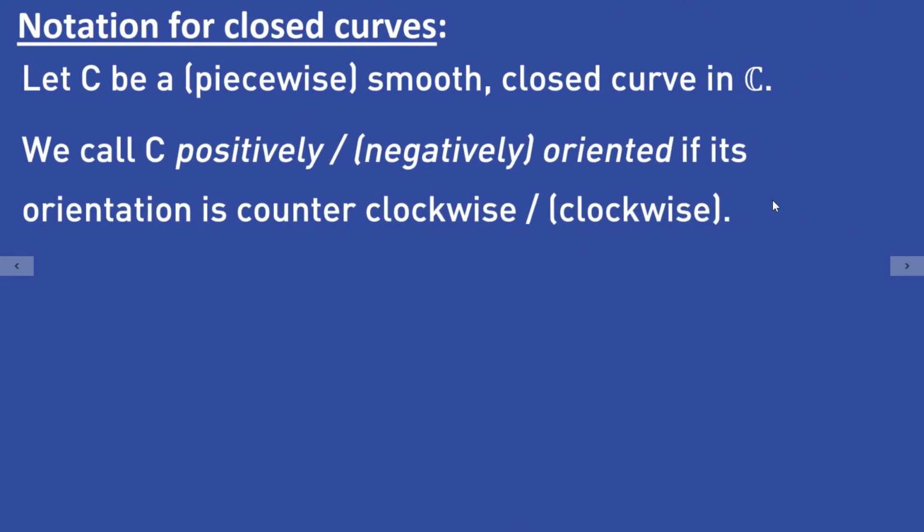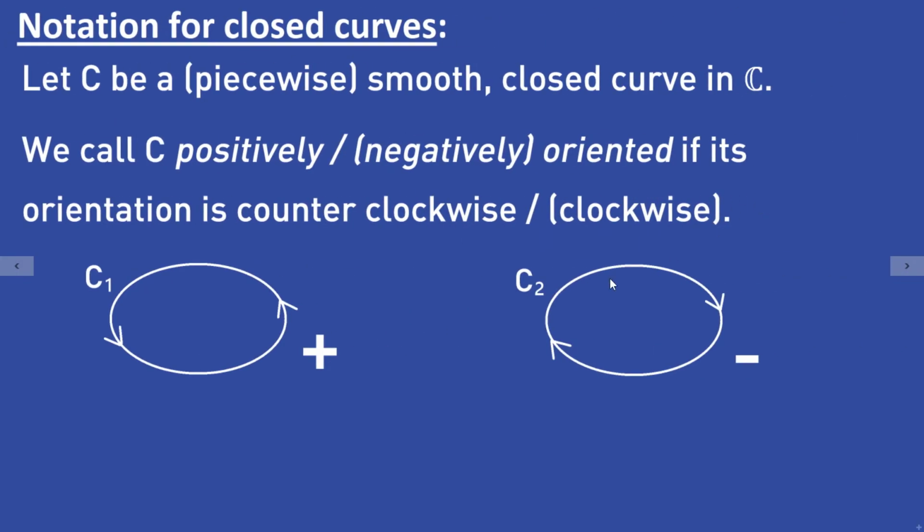We call it negatively oriented if the orientation is clockwise. Here we have an example of a positively oriented curve. The direction of the movement of the curve is in a counterclockwise direction, so it's positively oriented.